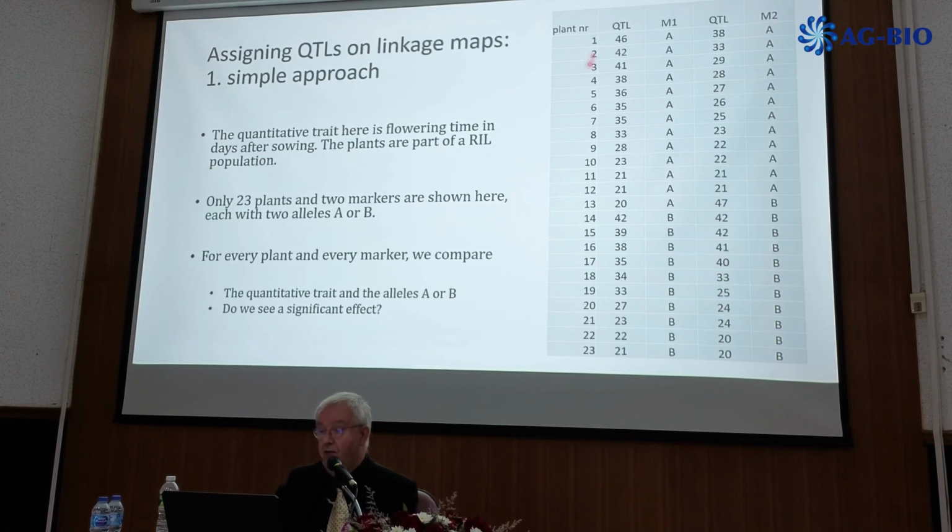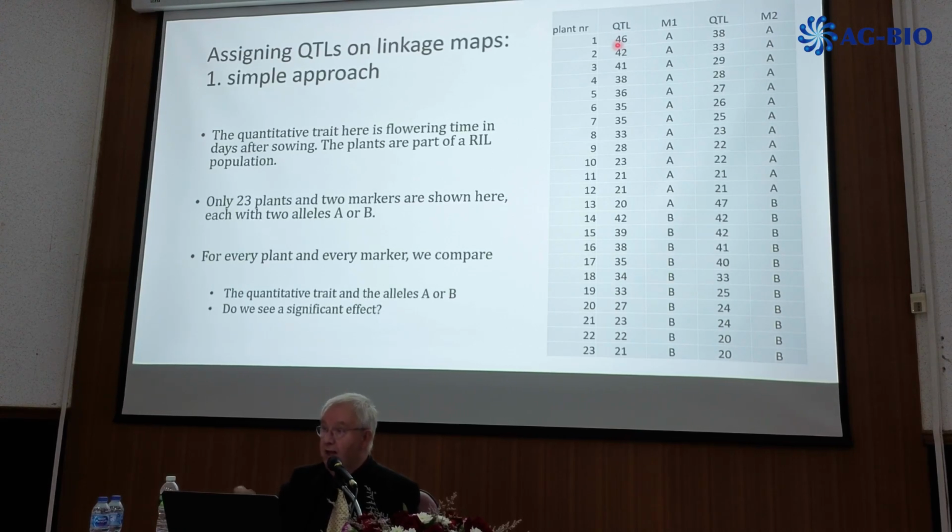So here are 23 plants. Actually, we used 106 plants and many more. And we have 6 or 7 different markers. Marker 1, marker 2, and for every marker, we score the quantitative trait, so the days of flowering.